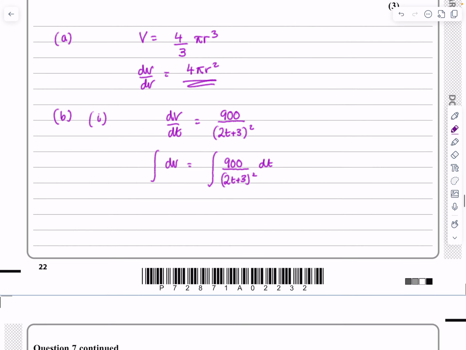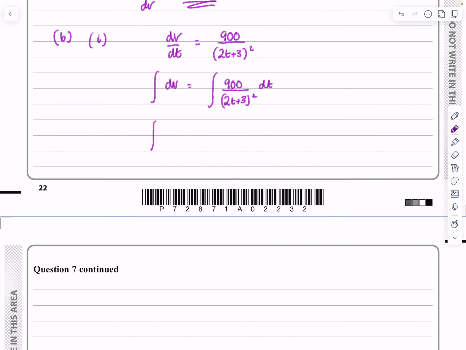Integrate and integrate. So I'll have the integral of dV on this side. I'm going to take the 900 out here. And I'm also going to say that 1 over (2t plus 3) squared is (2t plus 3) to the minus 2 dt.